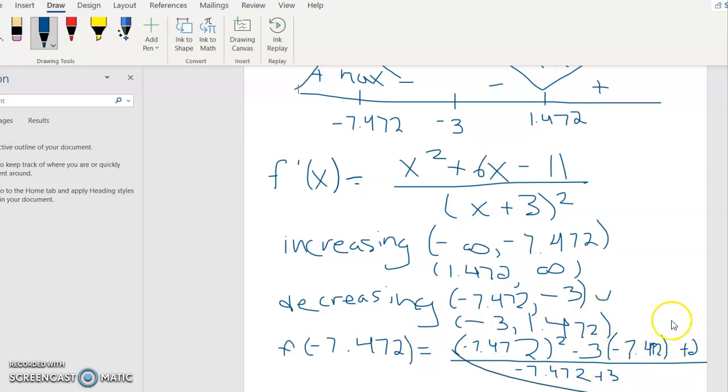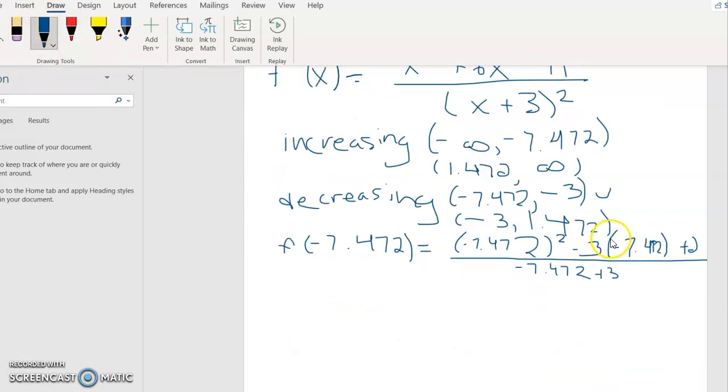If I put that ugly thing into the calculator, I get negative 17.944.